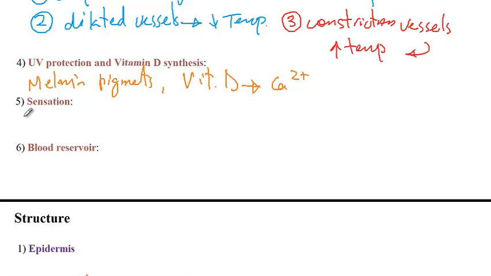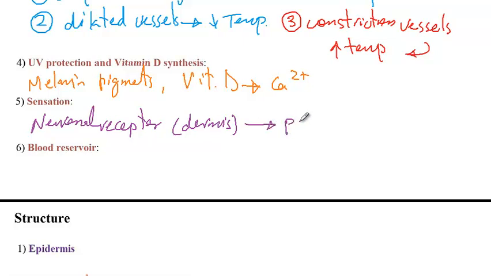Another important function of the skin is sensation. So basically there are neuronal receptors located in the dermis layer of our skin that allows different sensations, like for instance sensation of pain, sensation of heat, cold, touch, vibration, and so on.